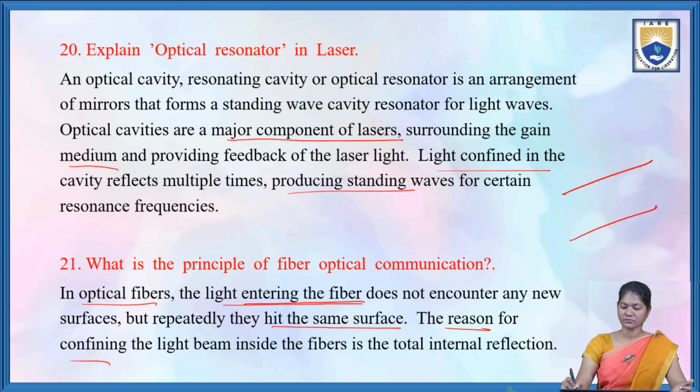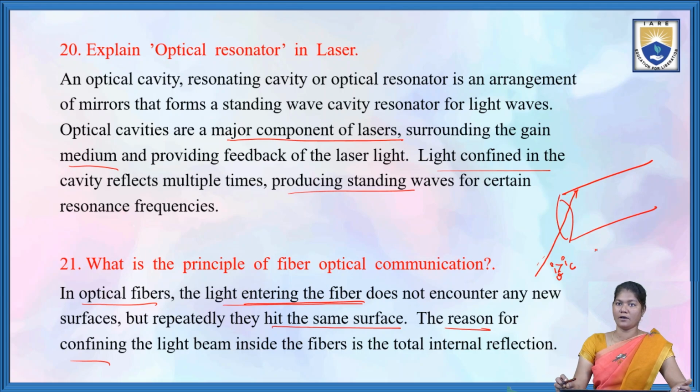So here, suppose this is the optical fiber, and light is entering. The incident angle theta_i is greater than the critical angle theta_c, so when the incident light encounters the surface of the core and cladding, it is reflected back into the same medium.